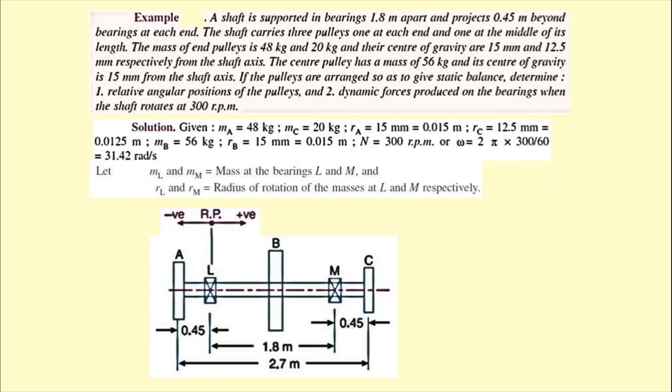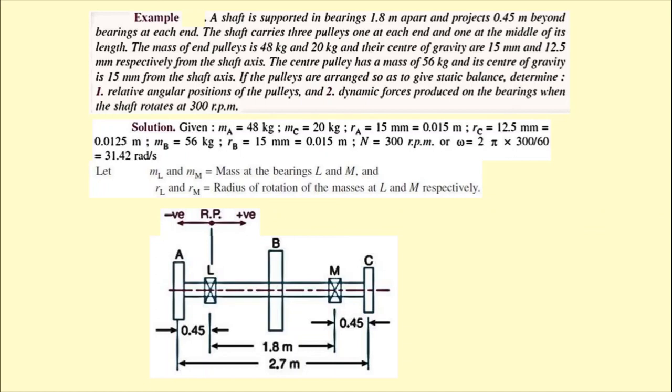Now another very important problem is the case of a shaft with bearings. Over here, a shaft is supported in bearings 1.8 meter apart and projects 0.45 meter beyond the bearings at each end. The shaft carries 3 pulleys, one at each end and one at the middle of its length.